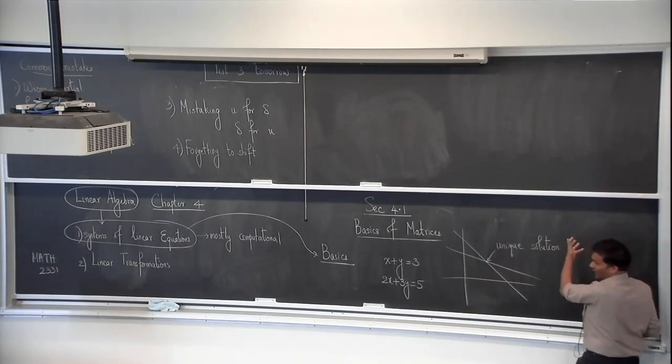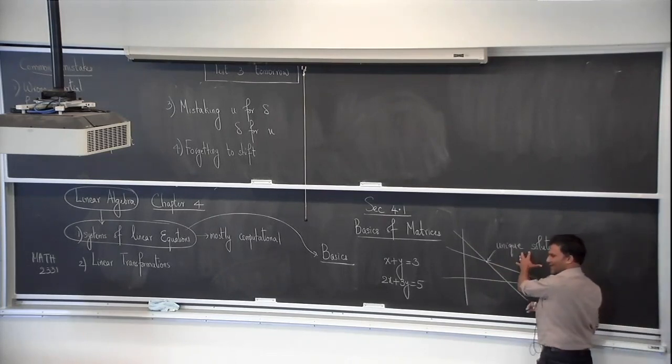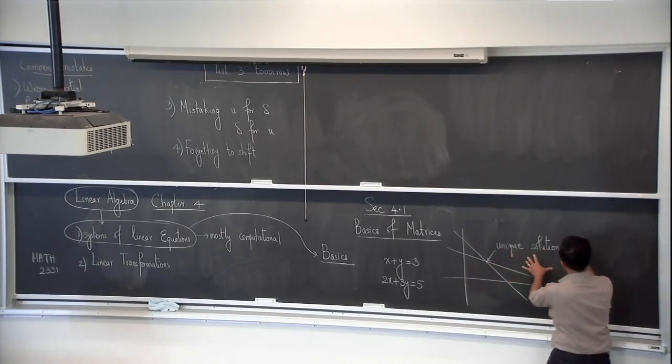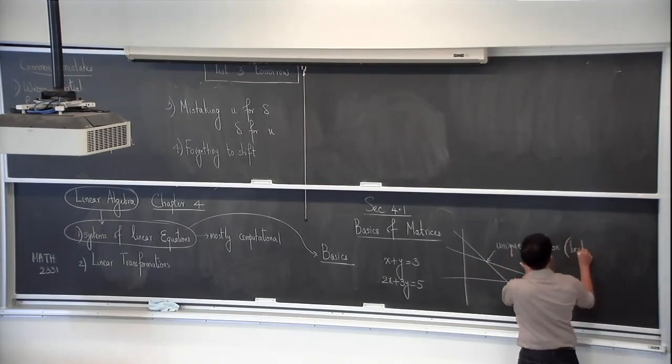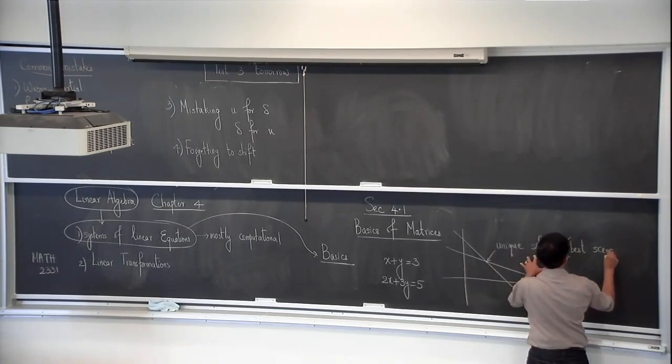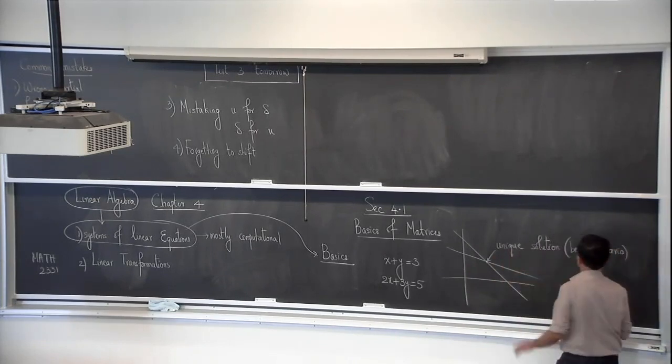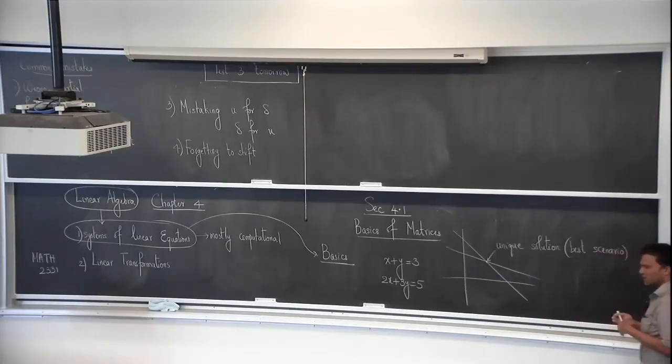The question is, will they intersect or not? That is what linear algebra mostly tries to explore. Is the solution always guaranteed? And if it is there, is it unique or not? So this is the best possible scenario. You solve a problem, you have one solution, and you move on.